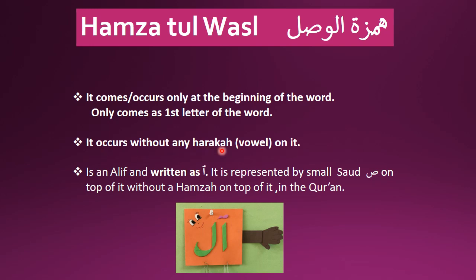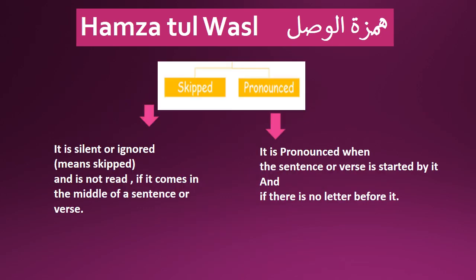It occurs without any harka or vowel on it. Hamzatul Wasl is an alif and is written like this. It is represented by a small saad on the top of it, without a hamza, in the Quran. Hamzatul wasl can be pronounced or skipped.